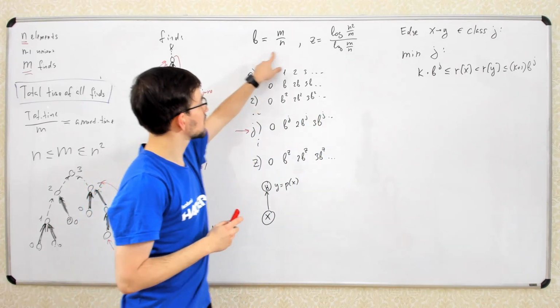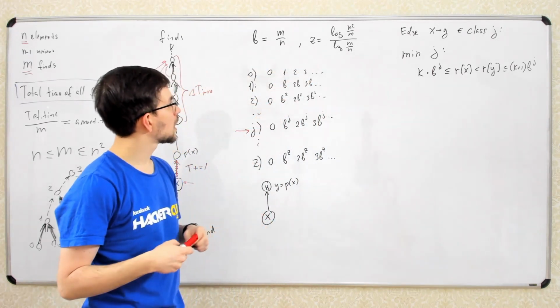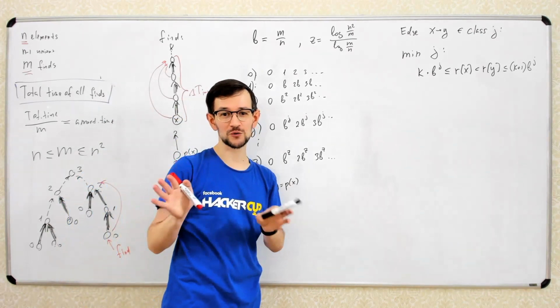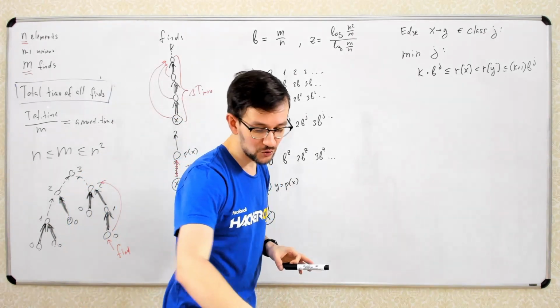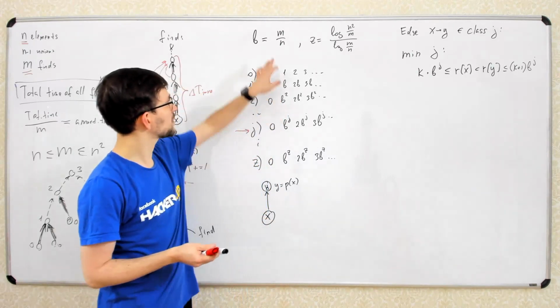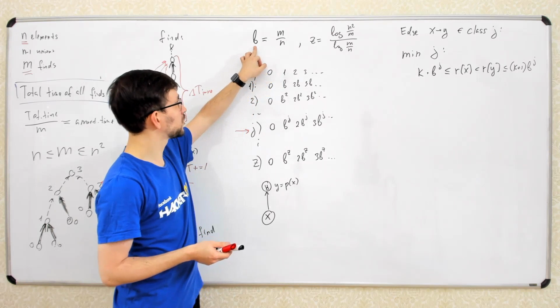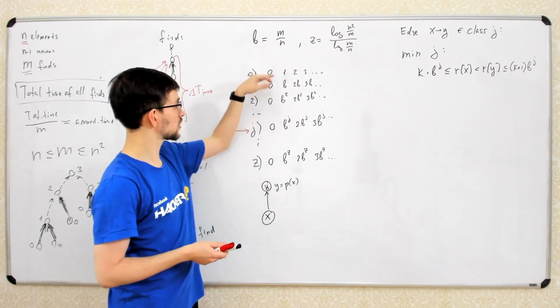What happens if these numbers are not integers? That's a good question. I think you need to round them up. I told you I will avoid all the details. If you want to read the details, I think you need to round these values down. Also, I don't want this b to be equal to 1 because it's kind of strange.